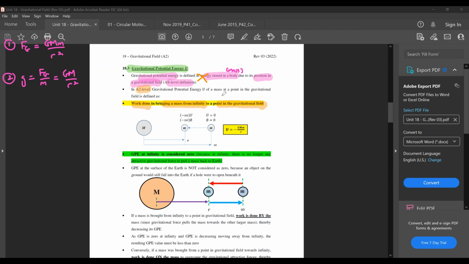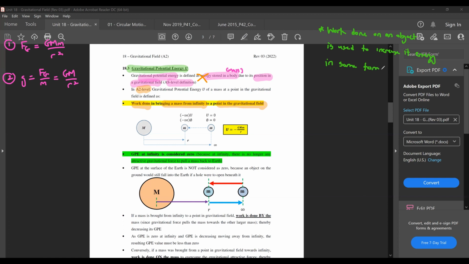So why do we say this? In your AS work, energy, power last time, we said that work done on an object is used to increase its energy in some form.